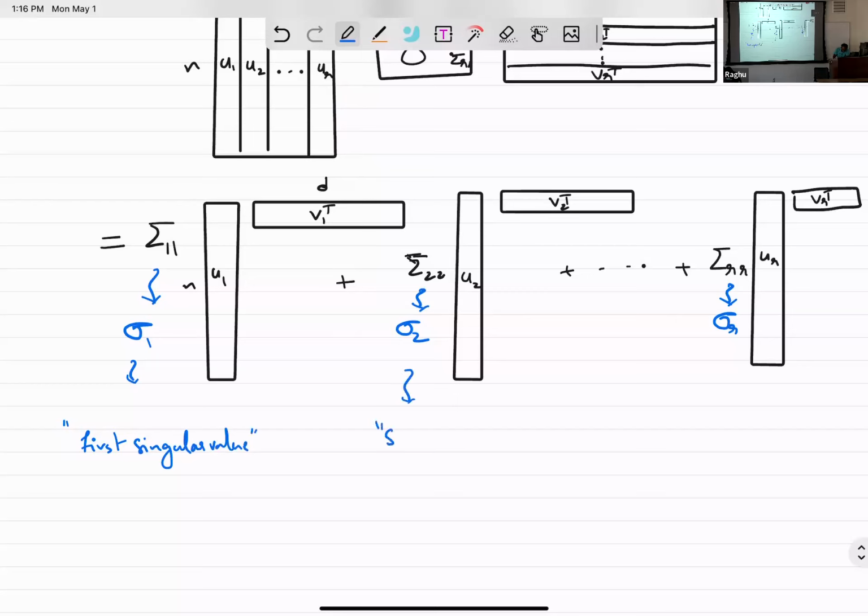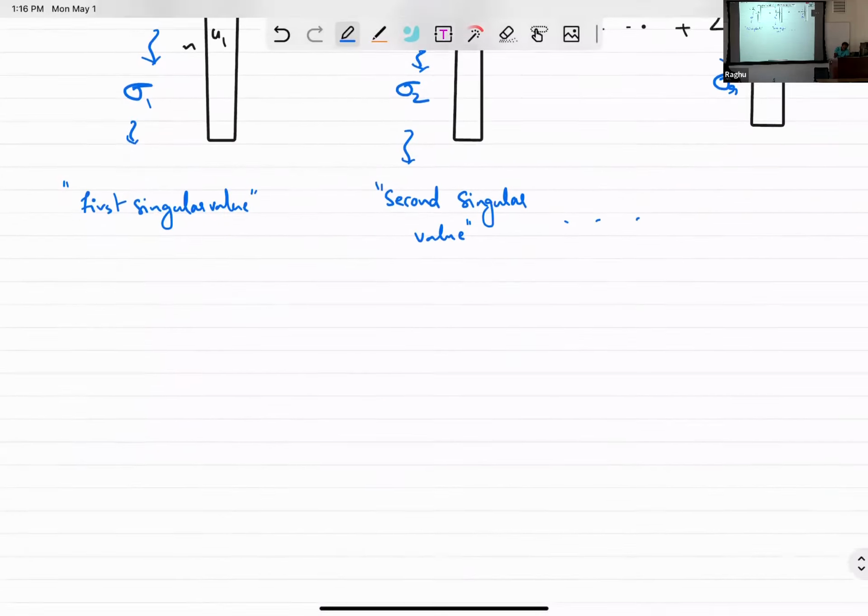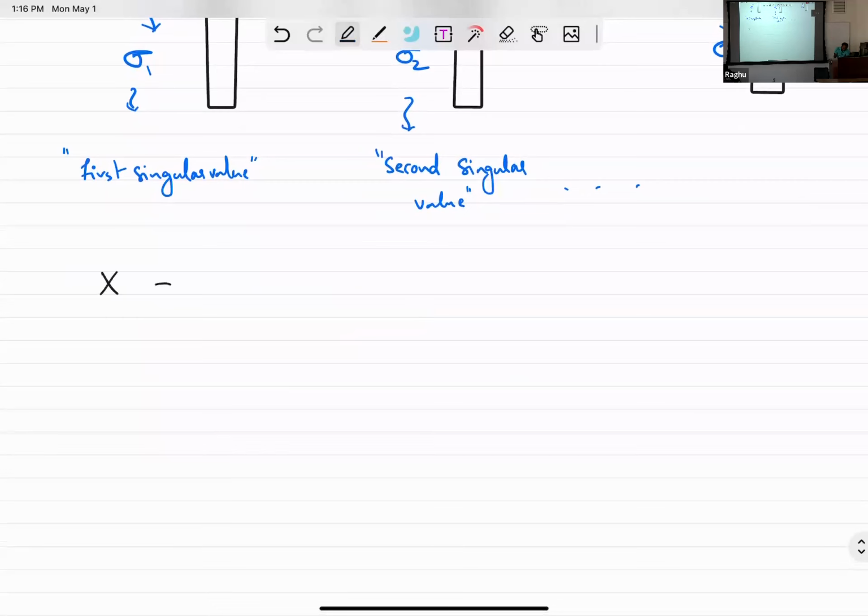And this is the second singular value, and so on. So in other words, what we just did was we can also write X as sigma 1 times U1 times V1 transpose plus sigma 2 times U2 times V2 transpose plus so on.